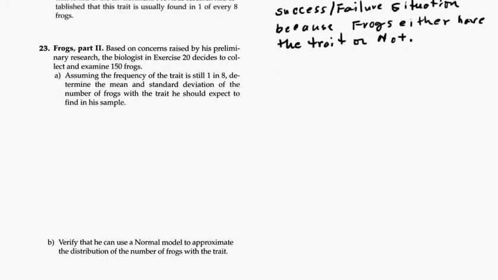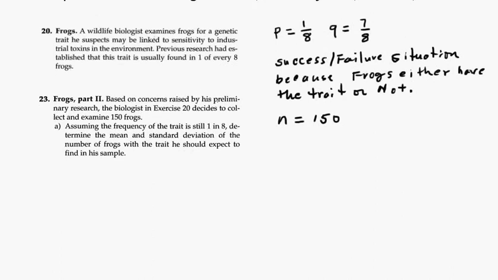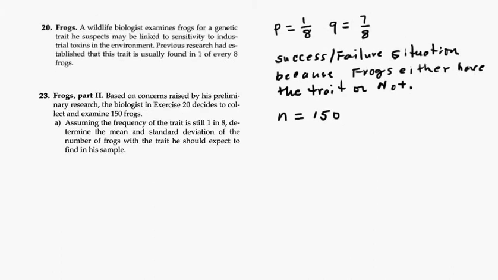Let's continue. Based on concerns raised by his preliminary research, the biologist in exercise 20 decides to collect and examine 150 frogs. So now n equals 150, and it's starting to look like at least a Bernoulli situation.